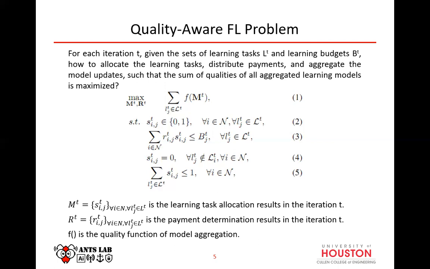So each device can choose whether they want to participate in a specific learning task. You mean there may be multiple learning problems or learning tasks in the system, not just one federated learning setting. There are multiple learning tasks in the system.